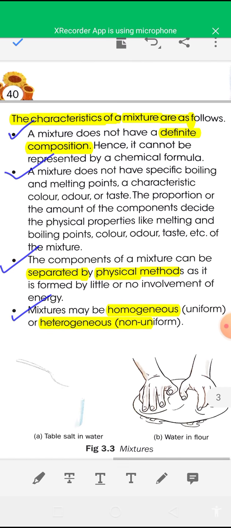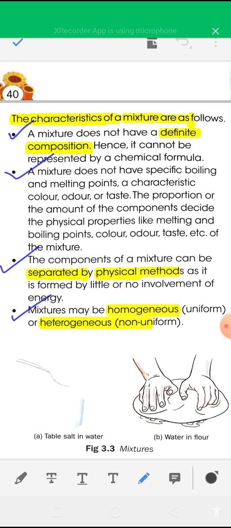Now see the characteristics of a mixture, or impure substance. A mixture does not have a definite composition, hence a mixture cannot be represented by a chemical formula.